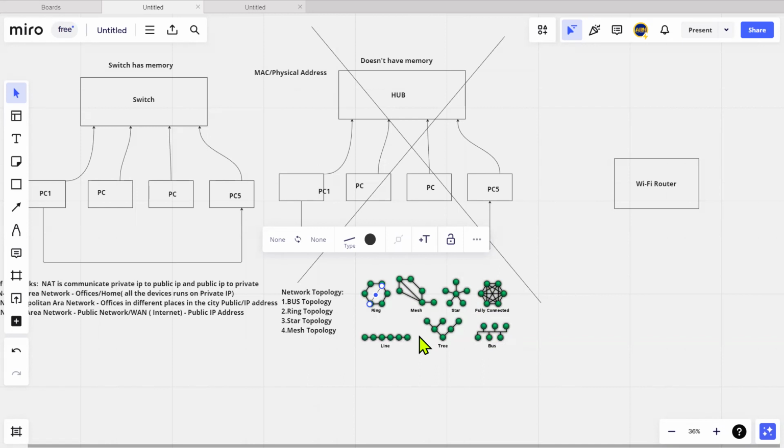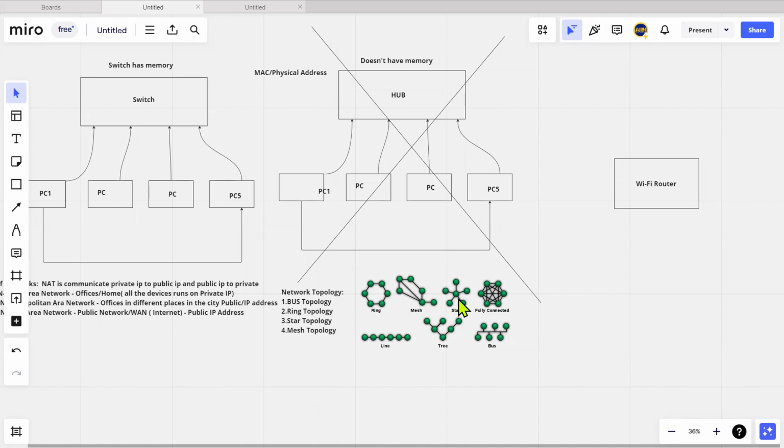Communication will get slow. So in the star topology, for example, if you want to send information from here to here, what will happen? Let's say this is a Wi-Fi router or a switch.